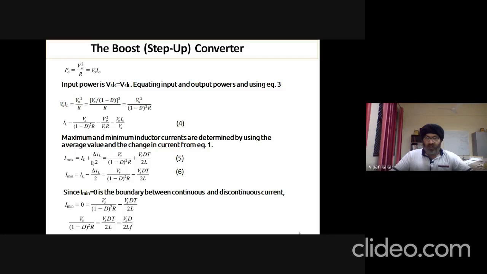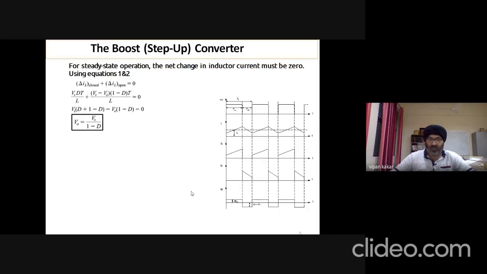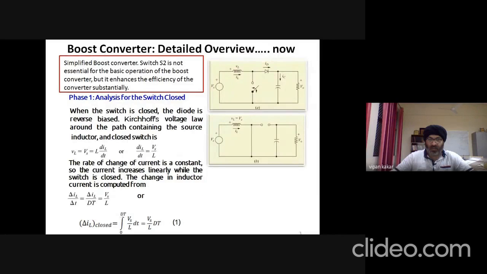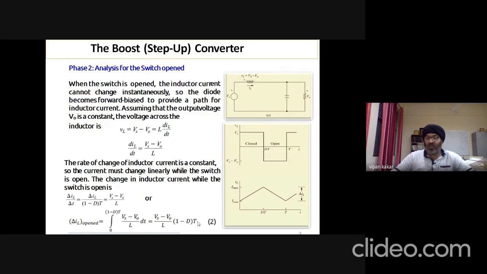So now adding both of these together, this IL and this delta IL we saw in previous slides, Vs multiplied by dt divided by L, that we saw in the previous case. This one, delta IL closed, Vs divided by L multiplied by dt, equation 1. And equation 2 is for the turn off time, delta IL opened.